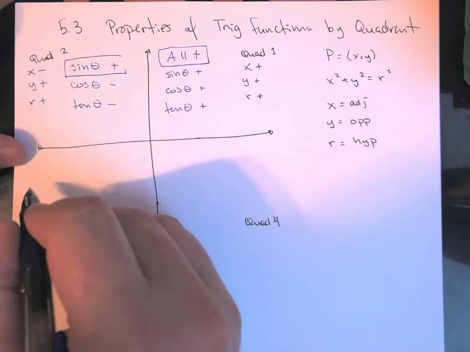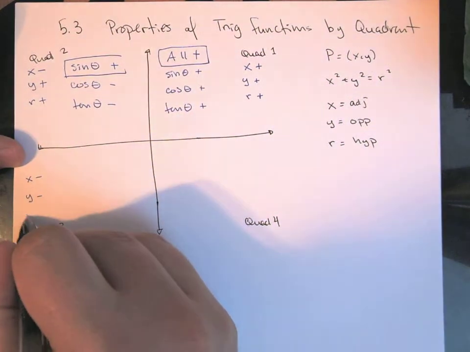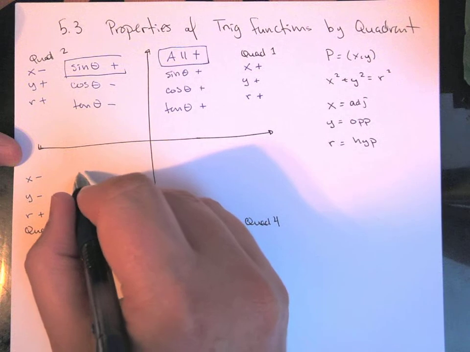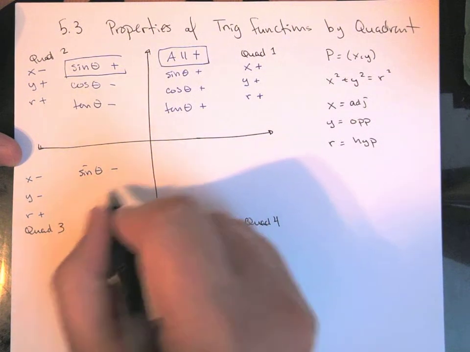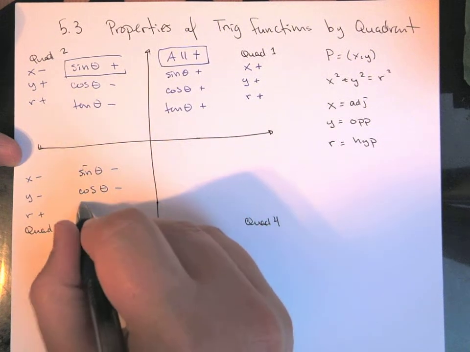Quadrant 3, keep this going. In quadrant 3, both the x and the y are negative. The radius, as always, is still positive. What does that mean for us? Well, our sine function based on the y value would be negative. Cosine, which is based on the x and the radius, is going to be negative.